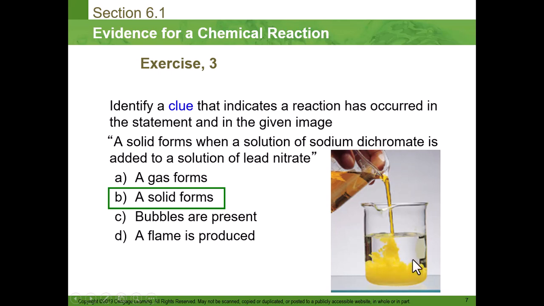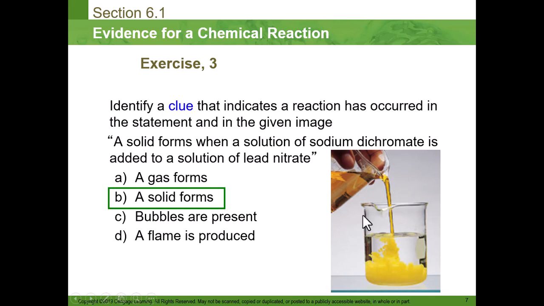And then what is going to happen? We are forming a solid. You will not see a gas formed. There are no bubbles present. A flame is not produced. You will just see a solid forming, and if this reaction is left to cool down after some time, you will see that there is a solid formed here.